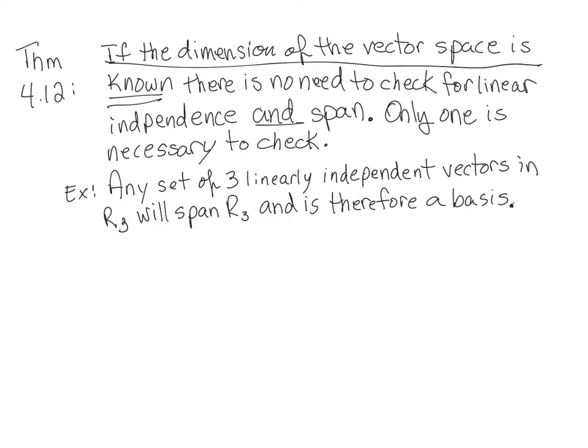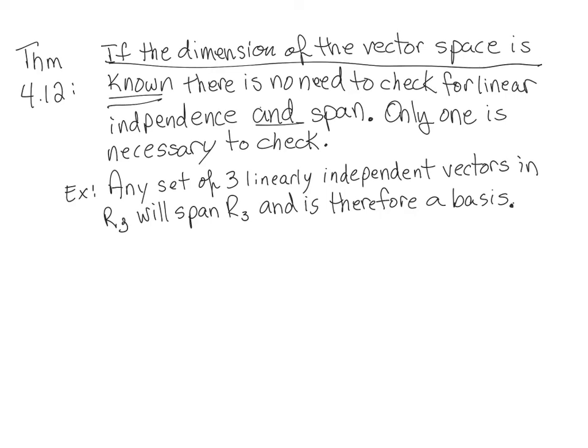Okay, in a case where you know the dimension of your vector space, as in, for instance, R3, three-dimensional space, you know the dimension is 3, right? So if you know the dimension of the vector space, then there's no need to check for both linear independence and span.